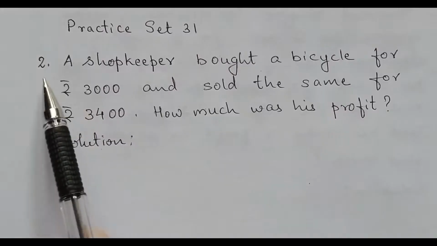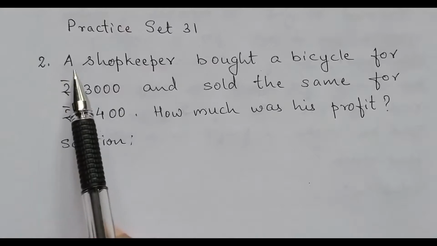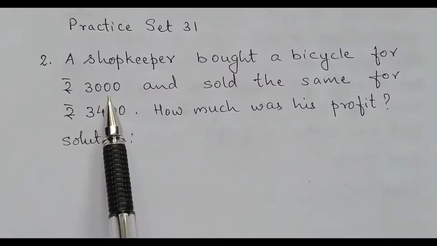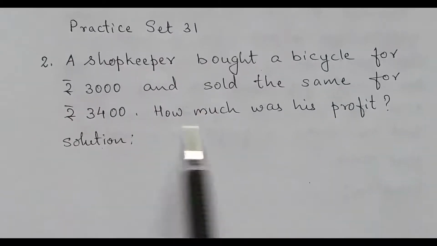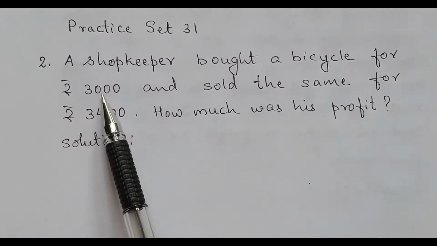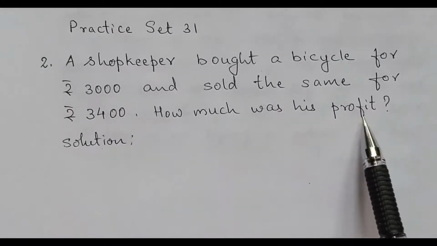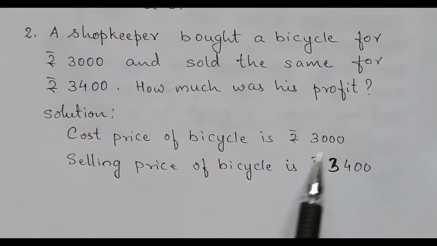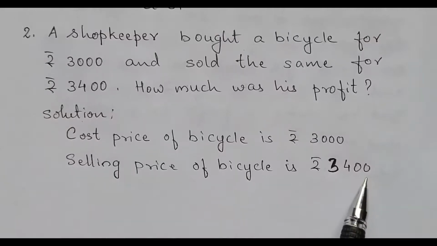Now let's see question number 2 of practice set 31. The question is, a shopkeeper bought a bicycle for rupees 3000 and sold the same for rupees 3400. How much was his profit? Here the cost price is given and the selling price is given. We have to calculate the profit. The cost price of the bicycle is rupees 3000. The selling price of the bicycle is rupees 3400.